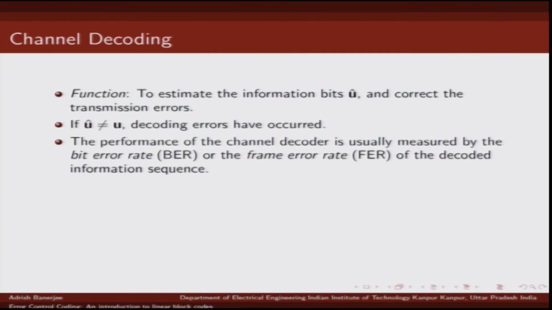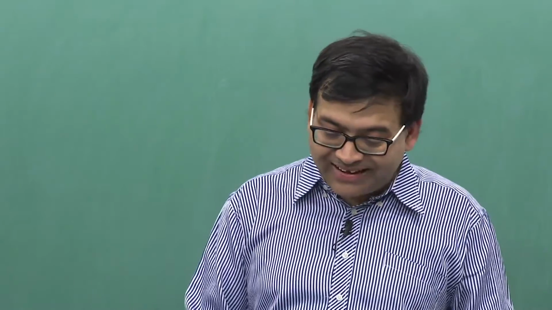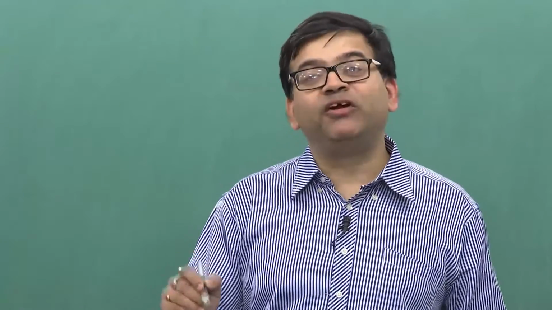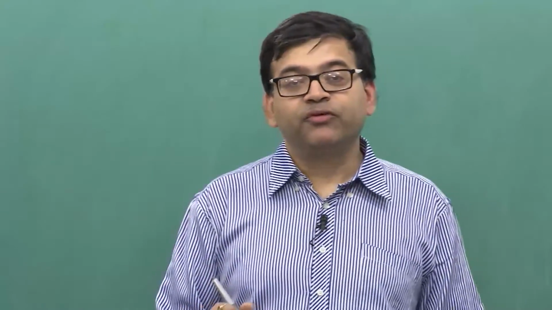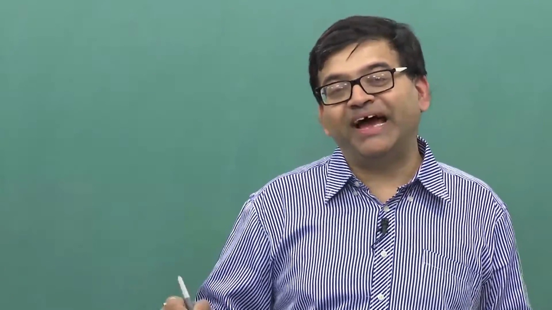What are bit error rate and frame error rate? We define bit error rate as the expected number of information bits that are decoded in error. For example, if you transmit n information bits and x of them are received in error, the bit error rate would be x by n.